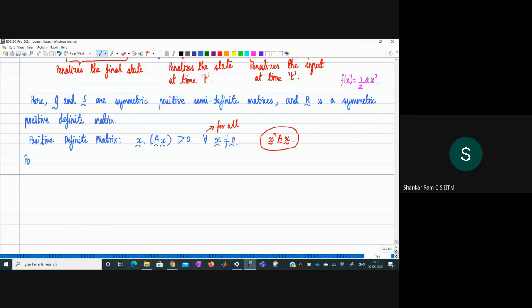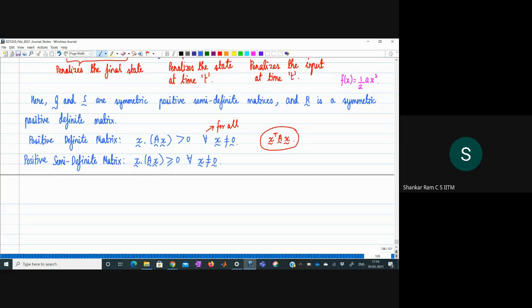So what is a positive semi-definite matrix? Let me write down the definition. In a positive semi-definite matrix, we have x dot Ax greater than or equal to 0 for all x not equal to 0. Please note the subtle difference. In a positive definite matrix, if x is not 0, x dot Ax should always be greater than 0.